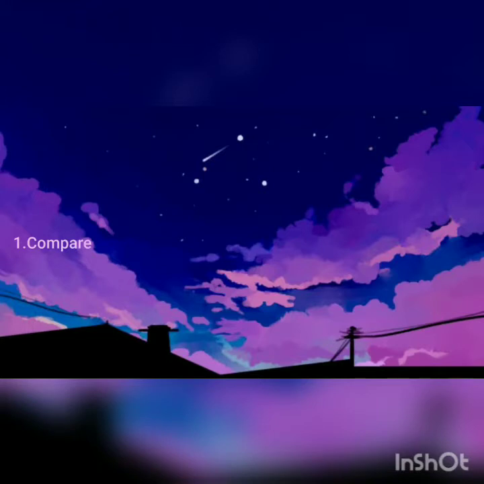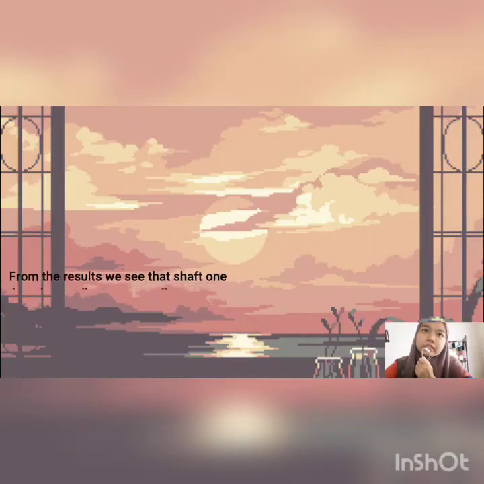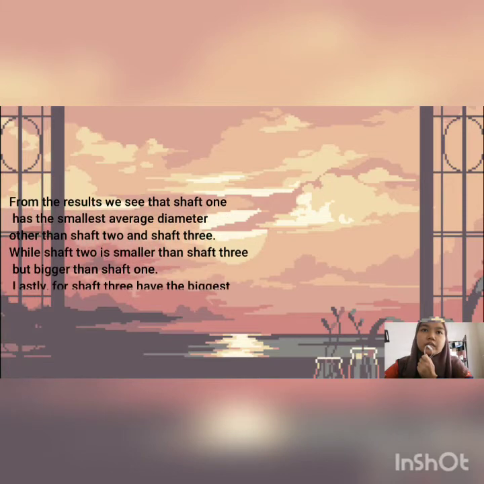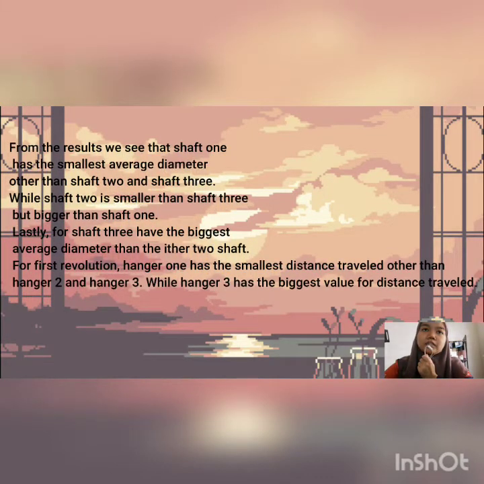For the discussion, first, compare and discuss the result from different types of shaft. From the result, we can see that shaft 1 has a smaller average diameter than shaft 2 and 3, while shaft 2 is smaller than shaft 3 but bigger than shaft 1.